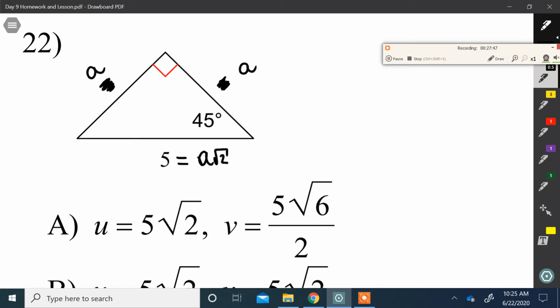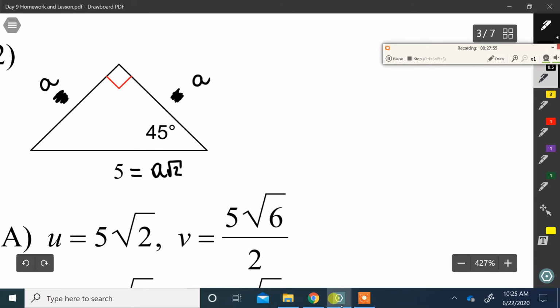Now we have to figure out what A is. But I do know that 5 is equal to A square root of 2. So here's what you gotta do though. You have to divide, because we gotta solve for A now.